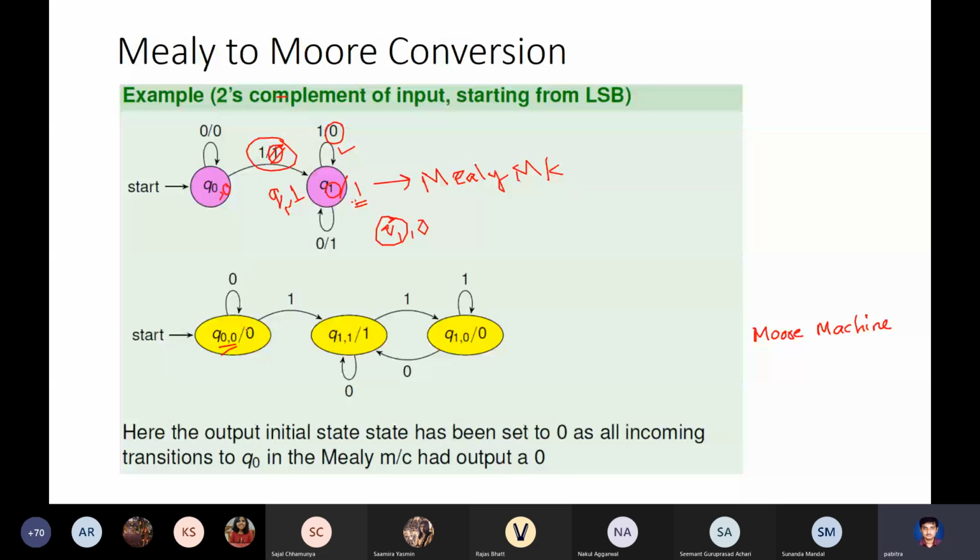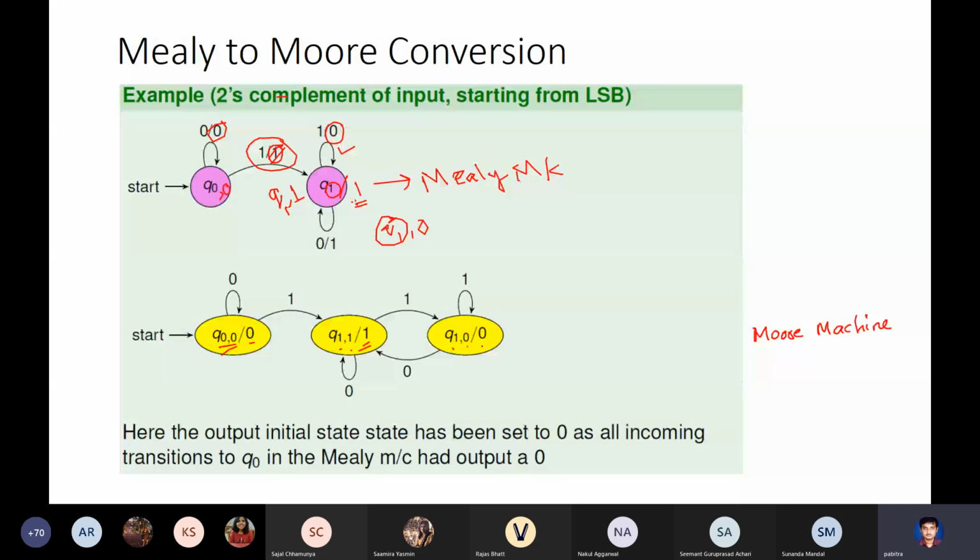Q1 I have split into 2 states, Q1 1 and Q1 0. Naturally, by my design, whenever I am in Q1 1, my output is 1. Whenever I am in Q1 0, my output is 0. That's what is defined.